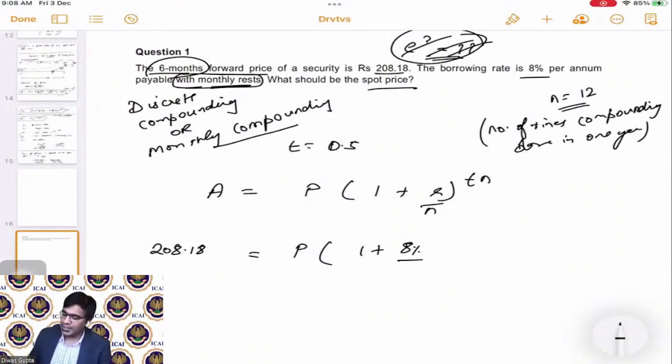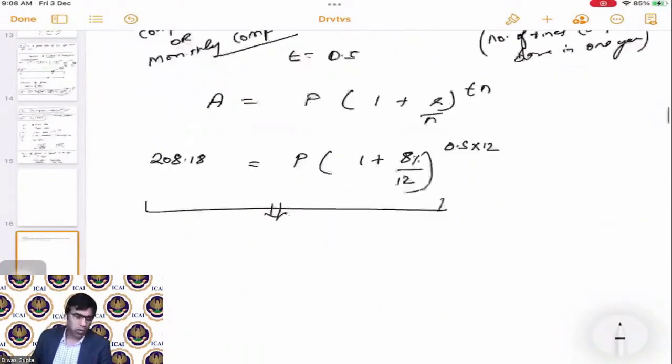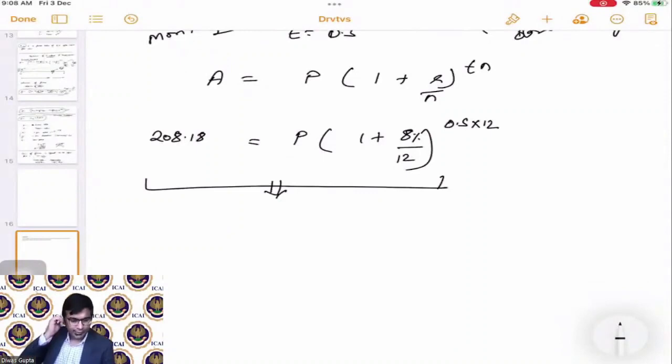Now 8% divided by 12, raised to the power 0.5 multiplied by 12. Simple. T is equal to 0.5, n is equal to 12. If you solve this, you will get 208.18 is equal to P multiplied by 1.0409, correct?